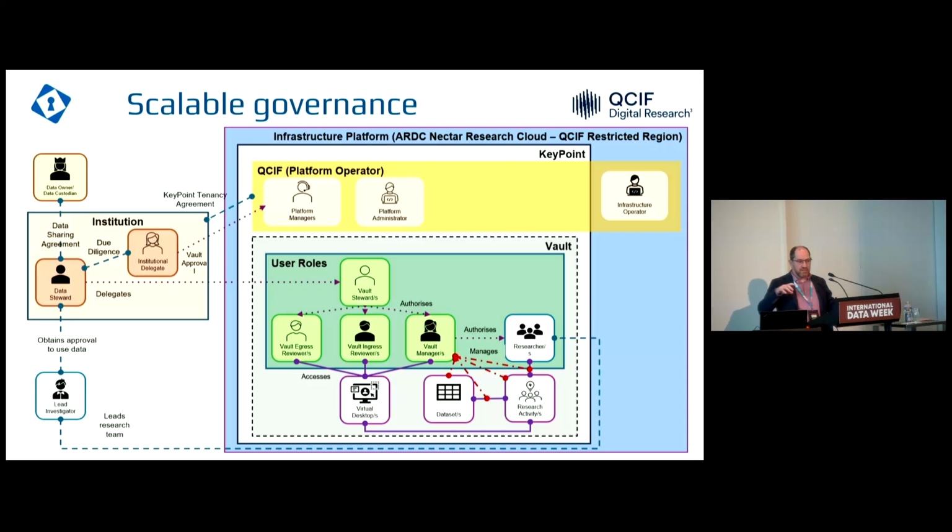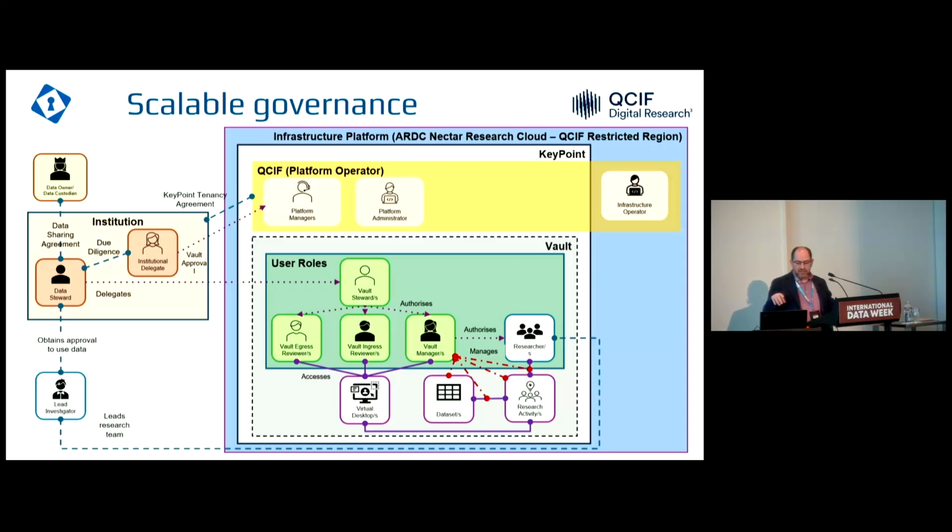So there's normally a data sharing agreement between the owner and the custodian and the institution, and that's done through a data steward. That data steward is acting as the representative of that institution to enact that data sharing agreement. In our case, they then do their due diligence internally to make sure that any data that they're going to use within our environment is appropriate and approved.